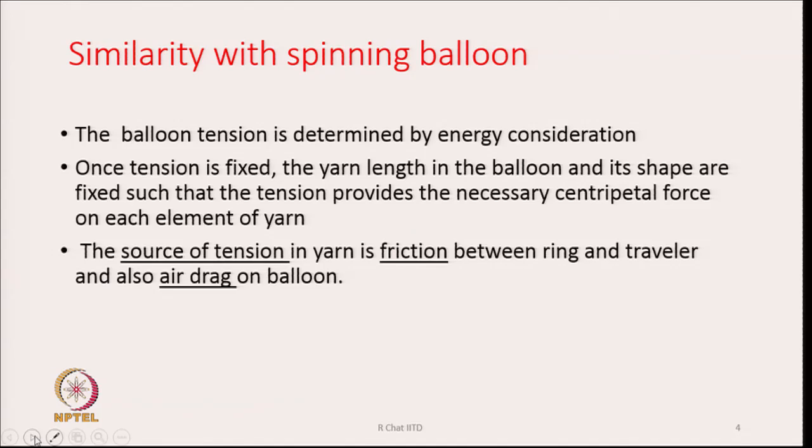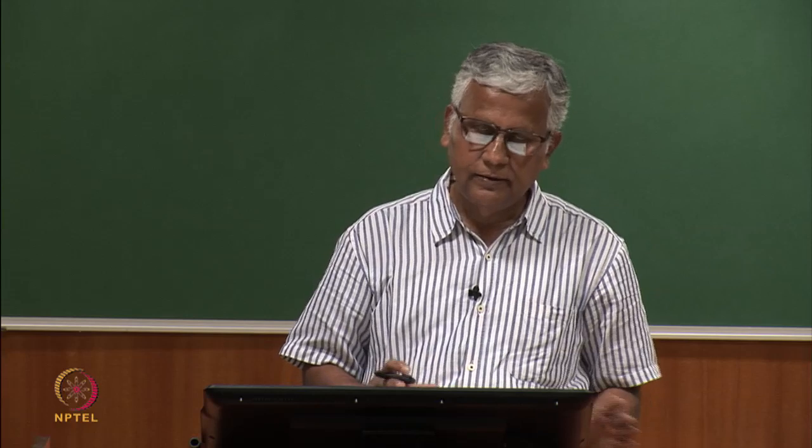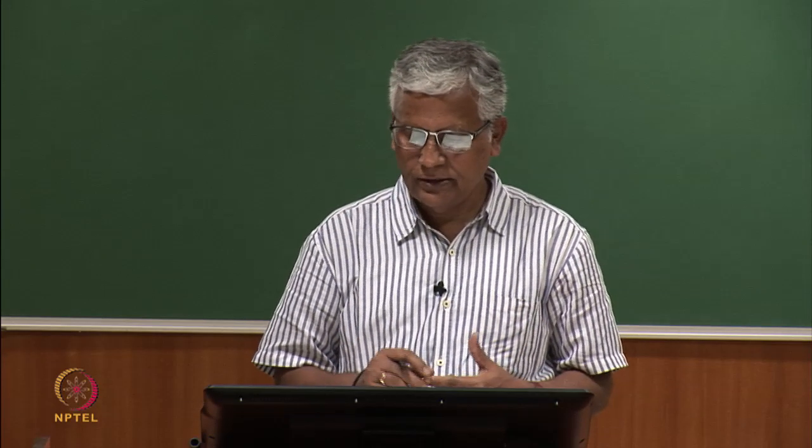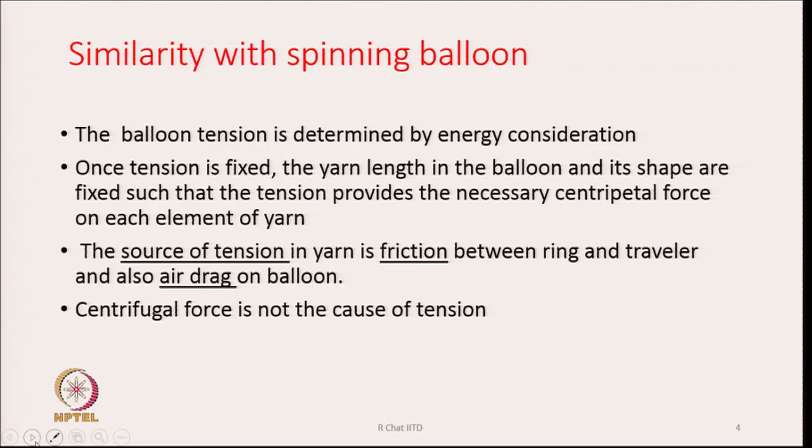So, that is one source of tension, and the other source is the air drag on the balloon, because the yarn is rotating in the medium of air at a very high velocity. So, there is going to be some drag, and the air drag is also responsible for some tension. So, you have to remember the source of tension is the friction between ring and traveller and also the air drag. Centrifugal force is not really the cause of tension.